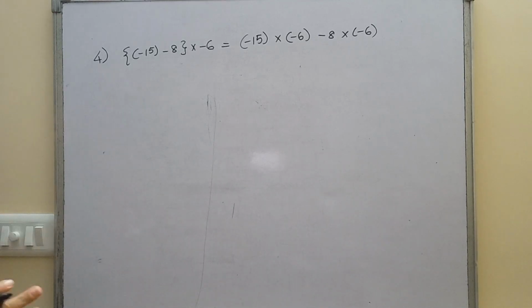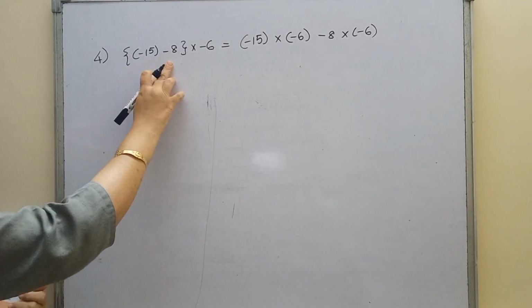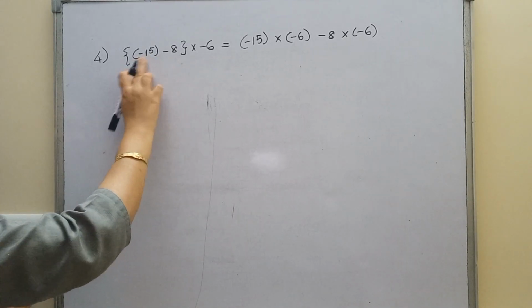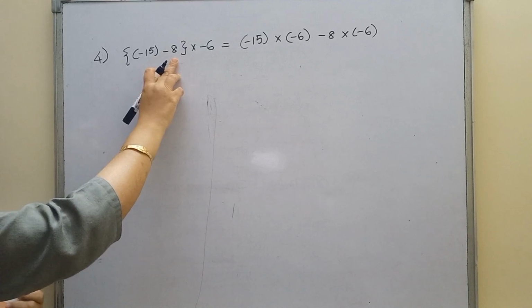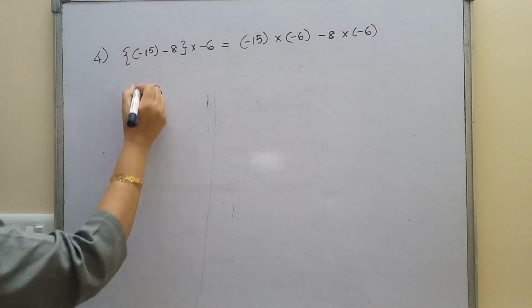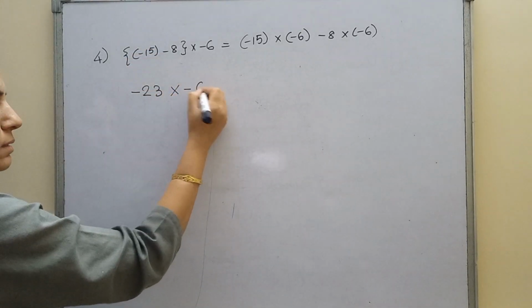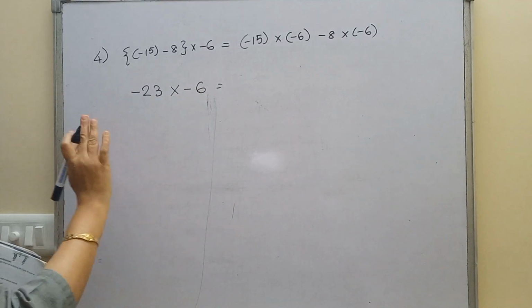It's really very simple. Even new people can do it really easily. Minus minus, see, two same signs will end up being plus. What is 15 plus 8? I think it is 23. But be careful, you have to put the sign of the bigger number always. Multiplied by minus 6. Whatever the product be, we'll check it later.